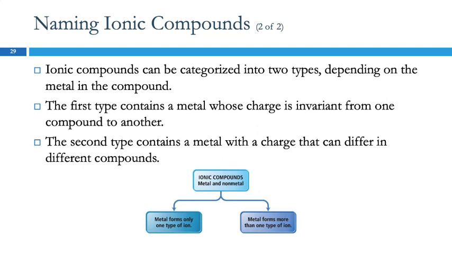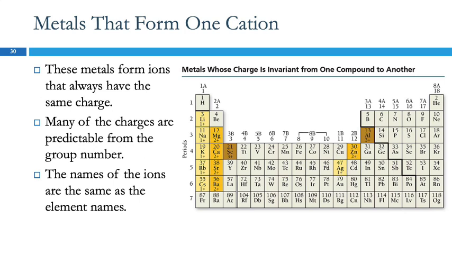So those guys are pretty squirrely. So when your book talks about these two different kinds of ionic compounds, that's what they're talking about. The first type is the ones that are predictable, and the second type is not predictable. I don't really like that division, but it's in there, so I've got to kind of deal with it.